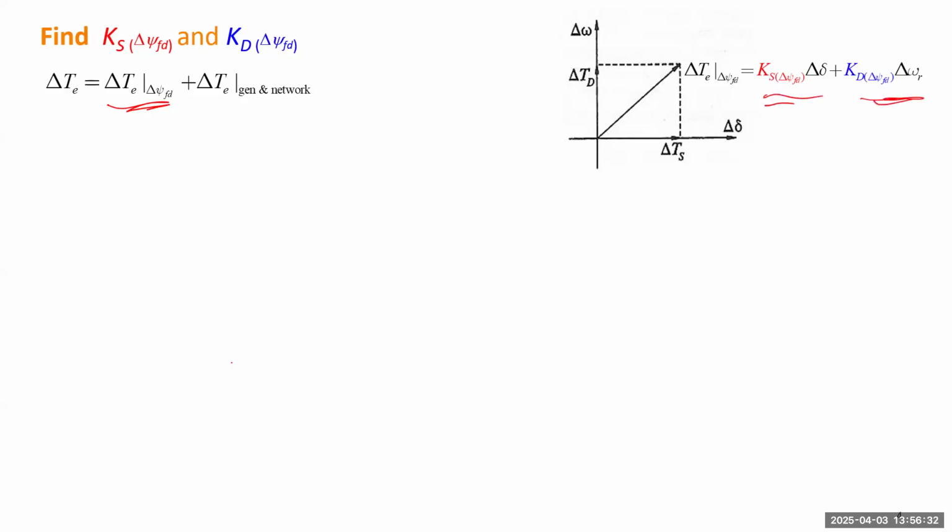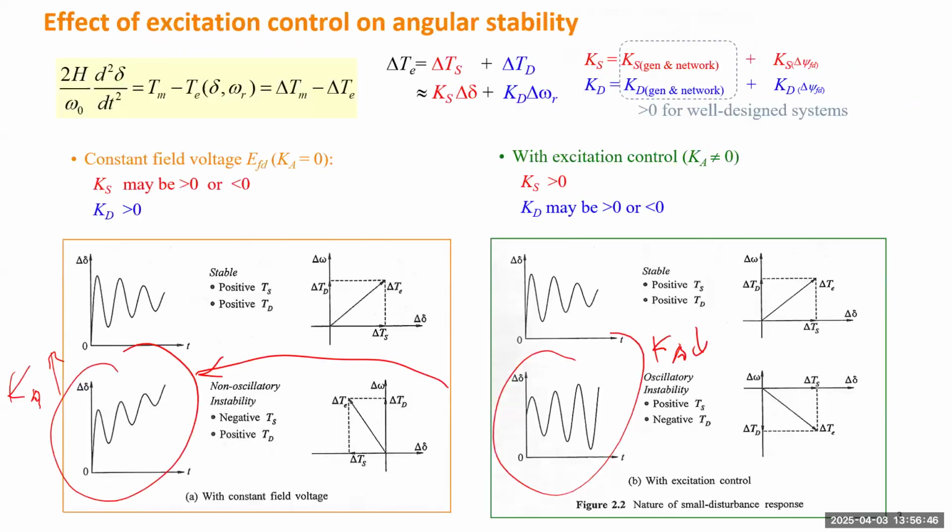The signs of those two components will be very critical, because Ks or Kd depend on the generator and the network, and are usually positive if the system is well designed. Those two items are what we need to figure out.